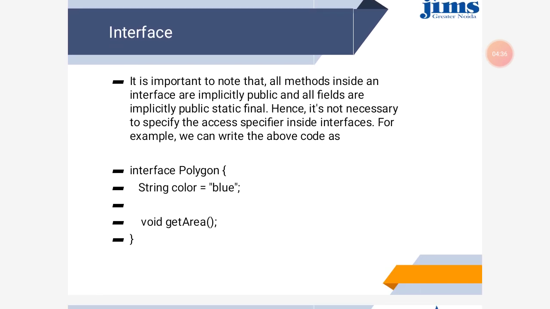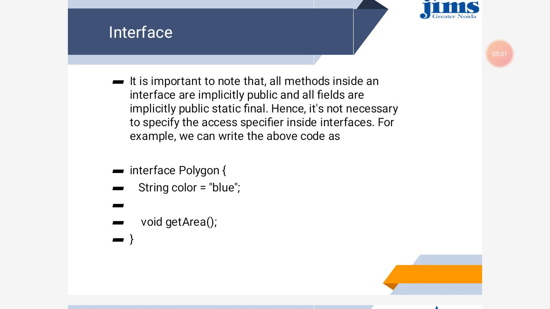So all the methods in interface are abstract methods, and all are public and abstract. So we need not write the public and abstract keywords while mentioning the method name or variable name.